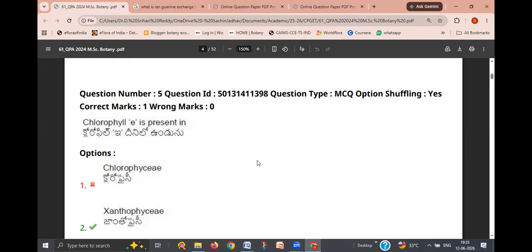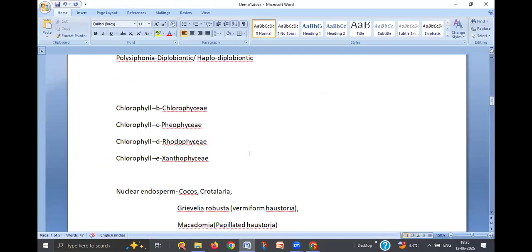And in the algae, I will tell you, there are different groups: Chlorophyceae, Phaeophyceae, Rhodophyceae, Xanthophyceae. These are the main classes of algae.